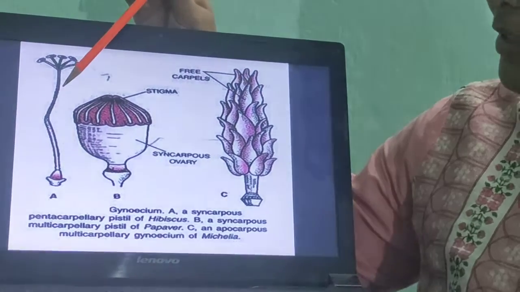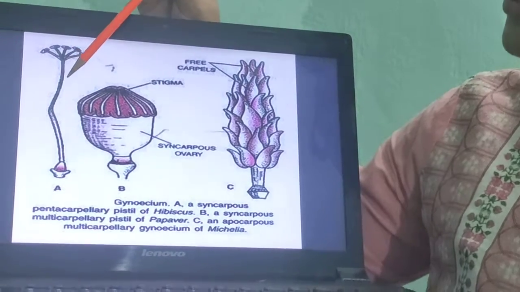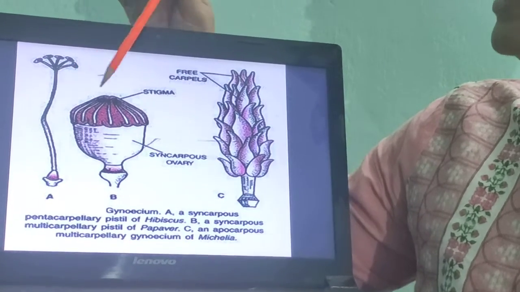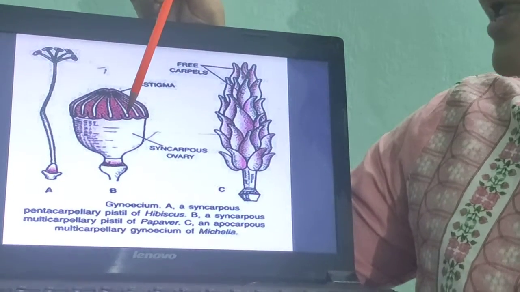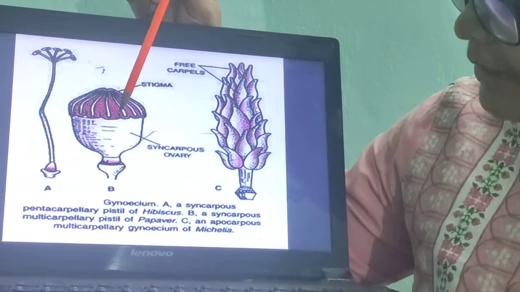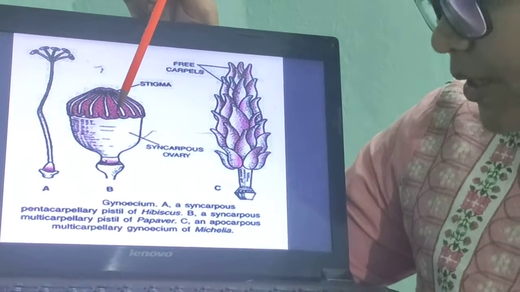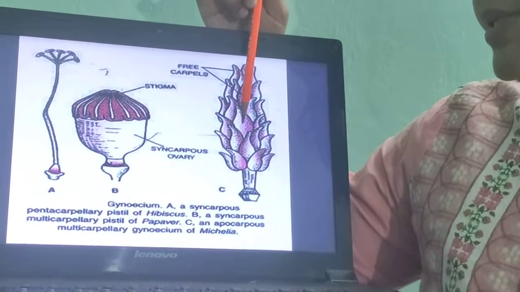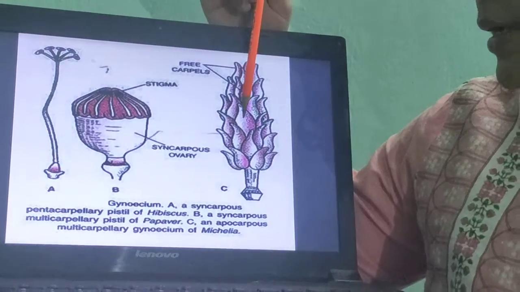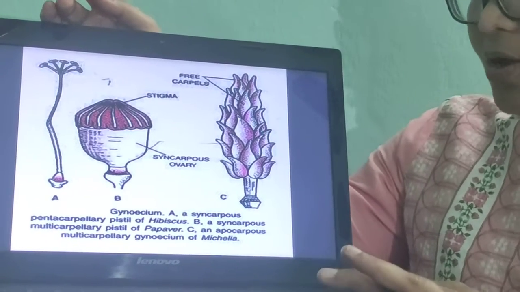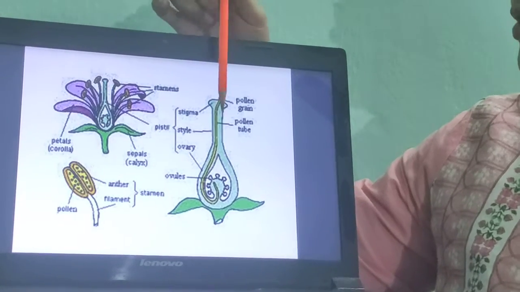So this is multicarpellary, this is monocarpellary condition. This is the polycarpellary but syncarpous condition, and this is the case of Papaver, right? And this is the apocarpous and multicarpellary, and this is the case of Michelia. Clear?